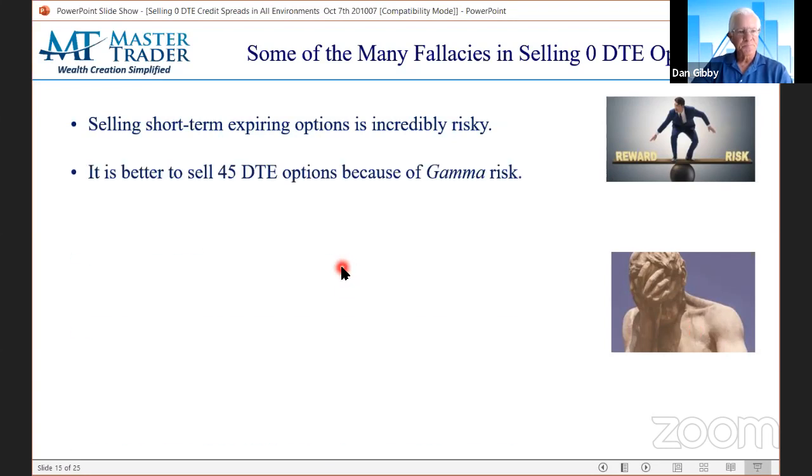Some say, again, don't ever sell short-term options because of gamma risk. What gamma means in the Greek world is it's just measuring the speed of the underlying, the speed of the delta, another Greek, which we don't even care about. The reason we don't care about it is because the folks that say, oh my gosh, the gamma risk, are not chart readers.